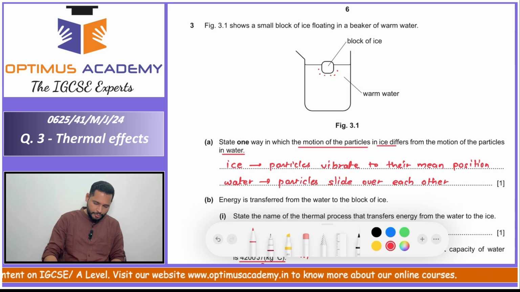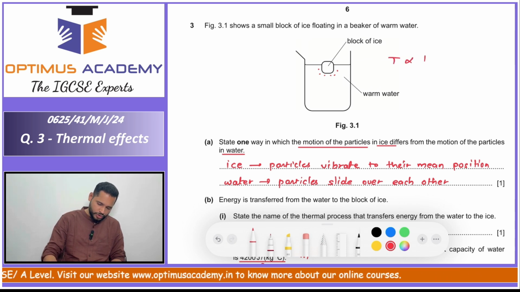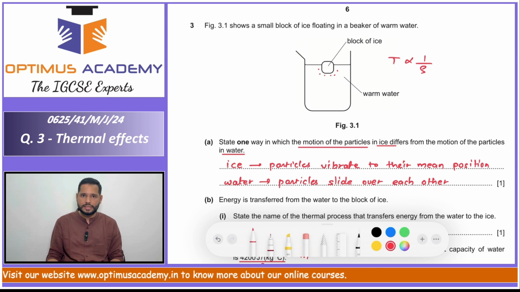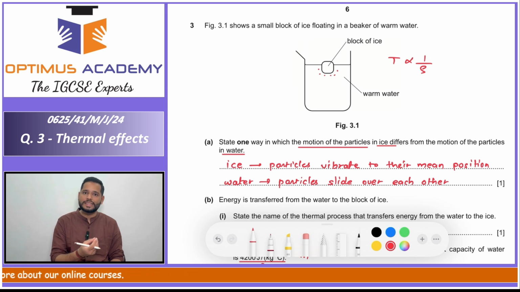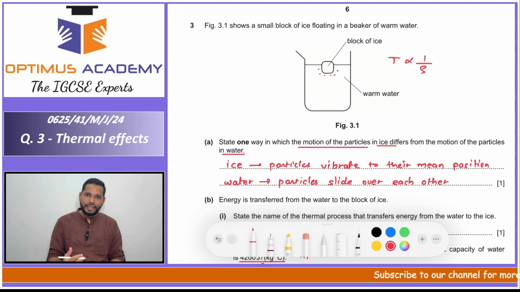We know that temperature is inversely proportional to the density of the particles. If water loses its energy to the ice, the density of the water is going to increase, and these heavy particles of the water will settle down and they will be replaced by the lighter particles at the bottom. This sets up the convection currents in the water, and because of that the entire water cools down.